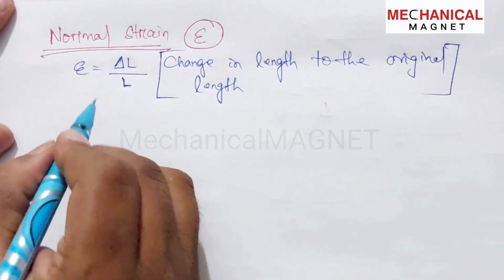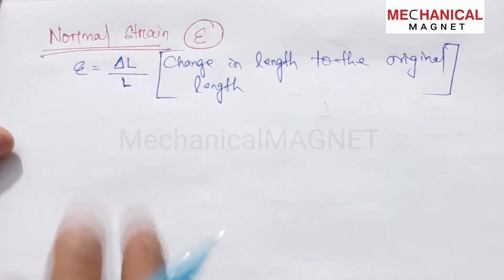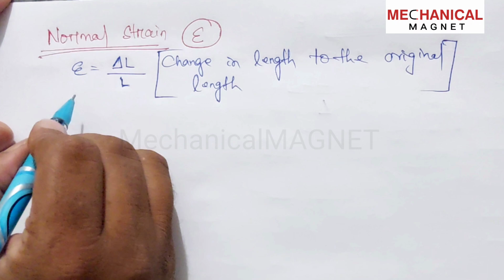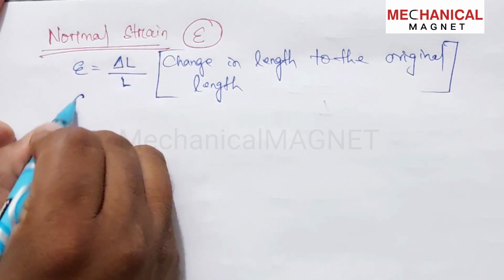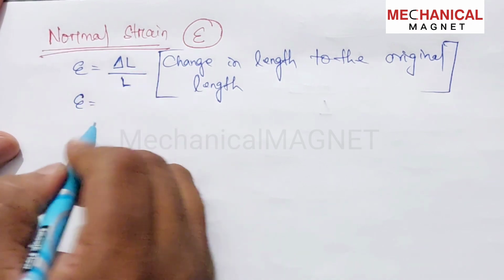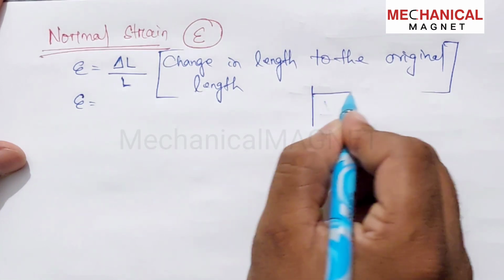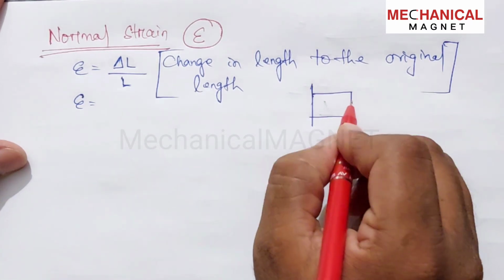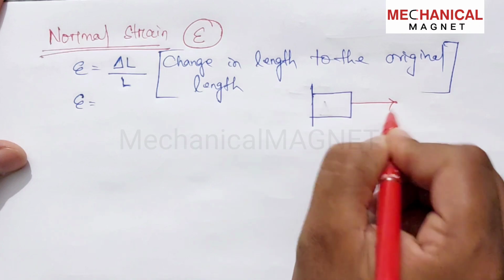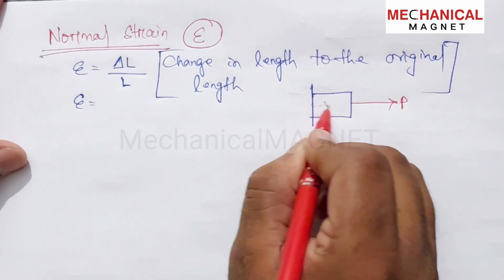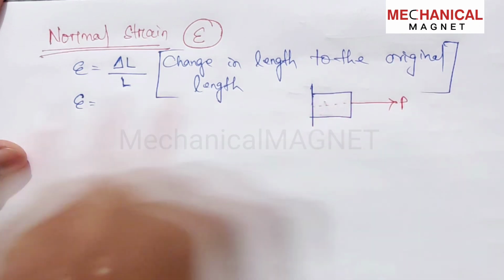Okay, coming to a mathematical elaboration here. Epsilon is equal to delta L by L. Suppose this is a body and we are applying a force P on this cross-sectional area, along this axis.